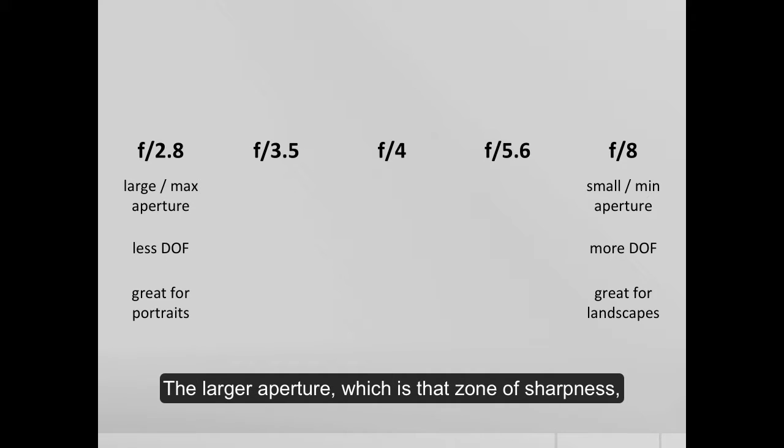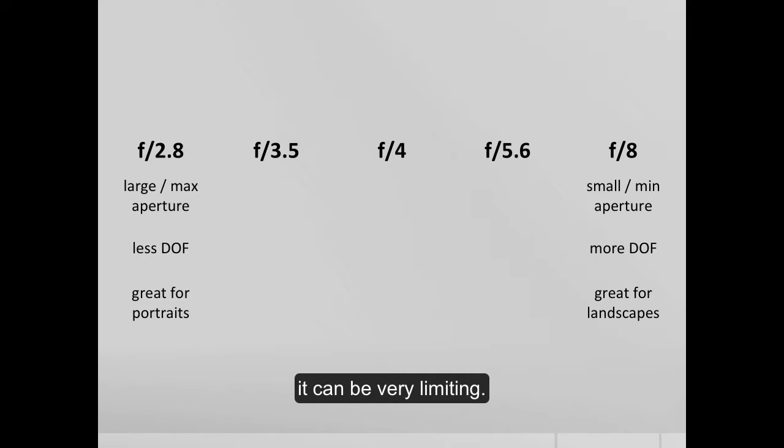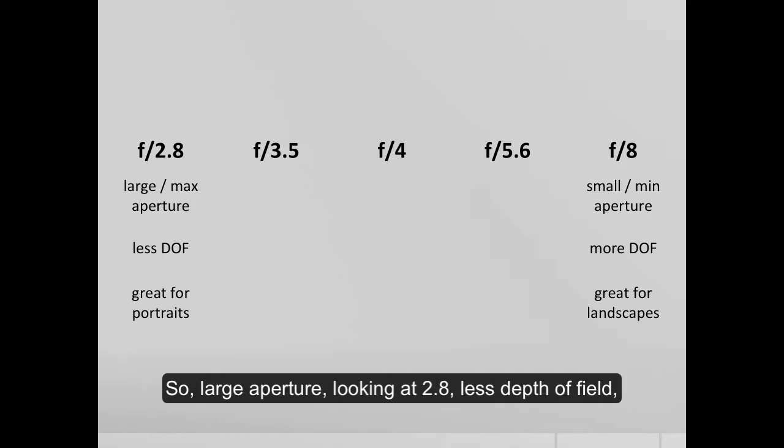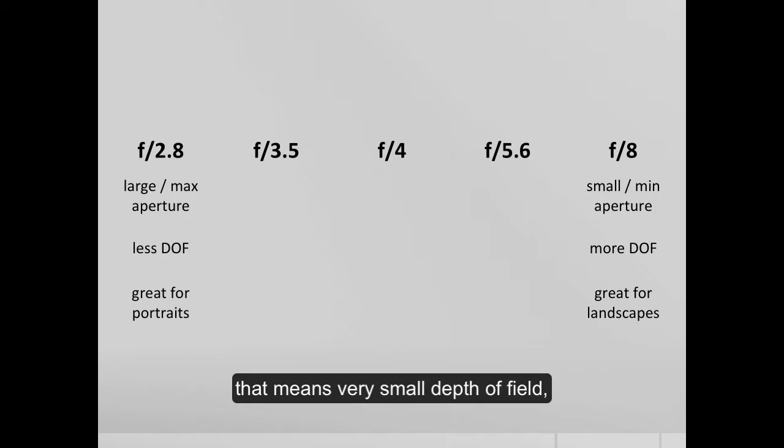The larger aperture, that zone of sharpness, can be very limiting. So large aperture, looking at f2.8, means very small depth of field, very great for portraits. f8 then shows a smaller aperture opening, which gives us a larger depth of field, and this would be great for landscapes.